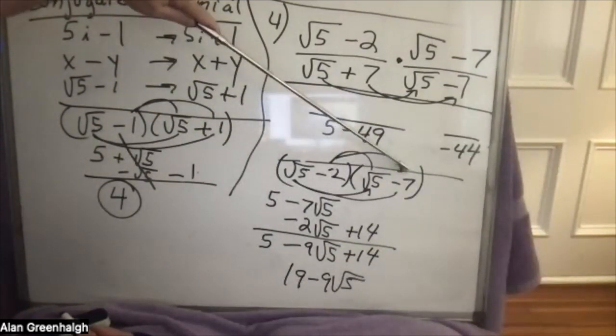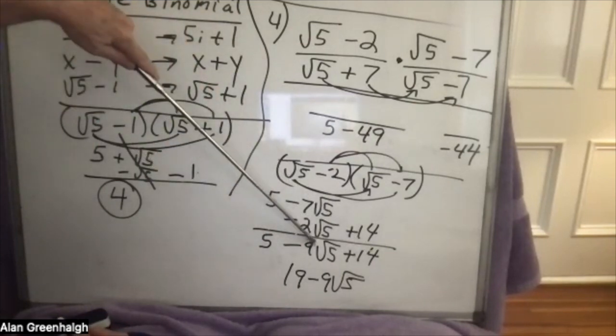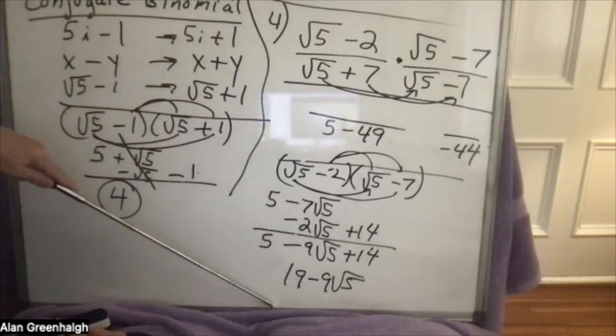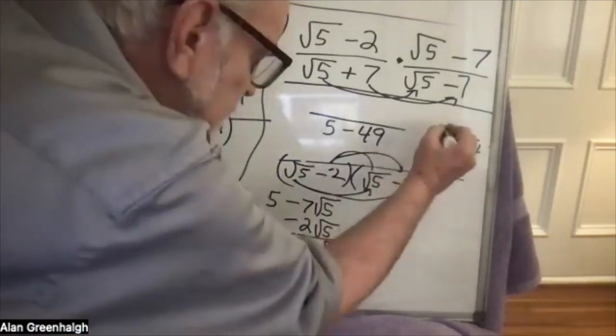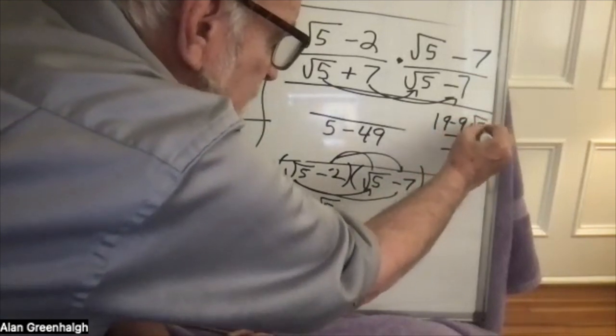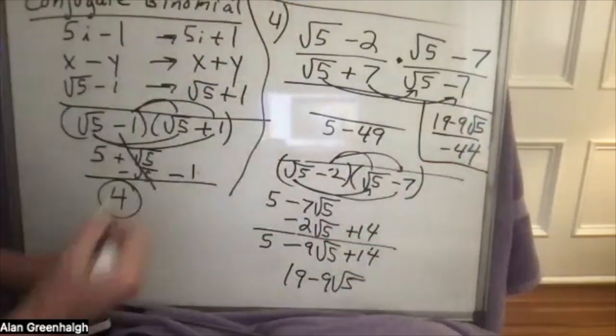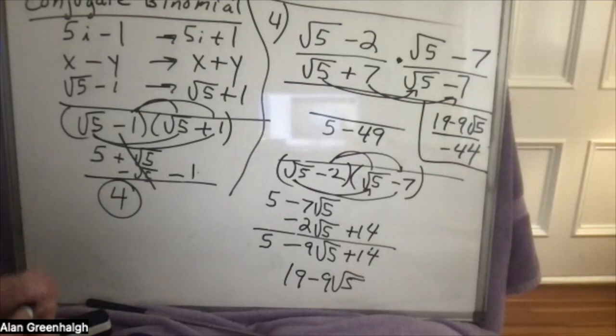This is positive 14. 14 and 5 is 19 minus 9 times the square root of 5, and that's it. So we can put the 19 minus 9 times the square root of 5, and that is the answer to the question. Right up there, okay? So that's rationalizing a denominator.